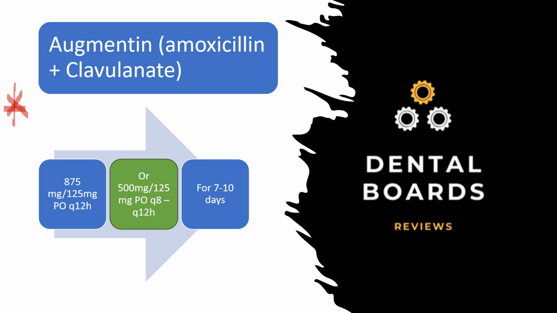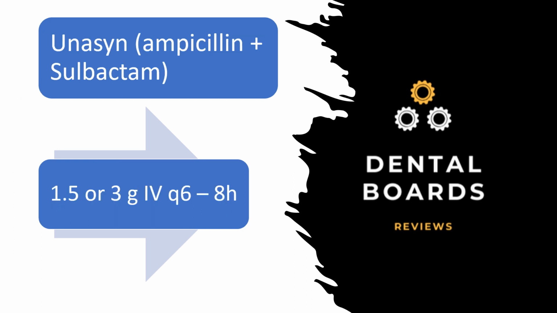So 1, 2, 3 is chronic kidney disease. But if somebody is in end-stage renal disease, you want to take precautions in giving Augmentin, because beta-lactamase inhibitors tend to be nephrotoxic, as we discussed in the previous video.